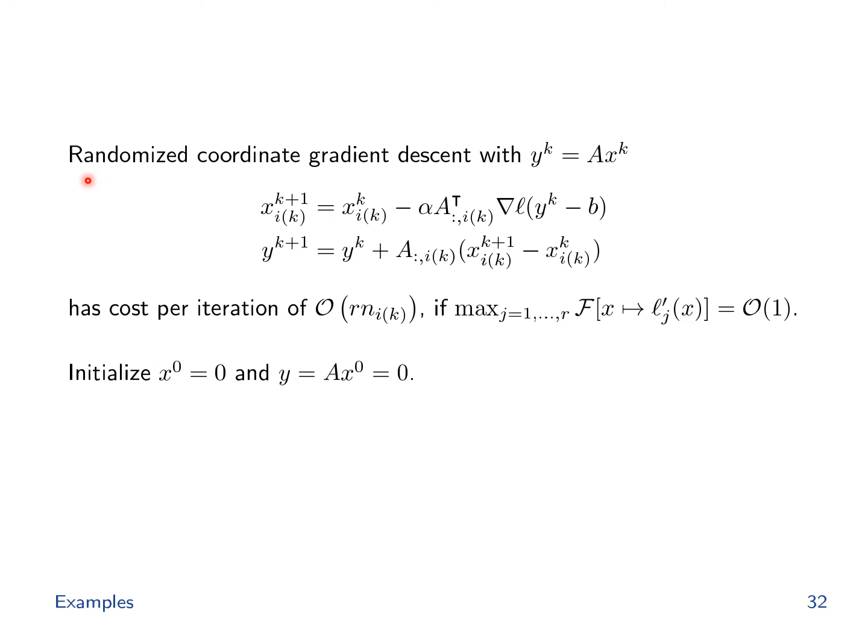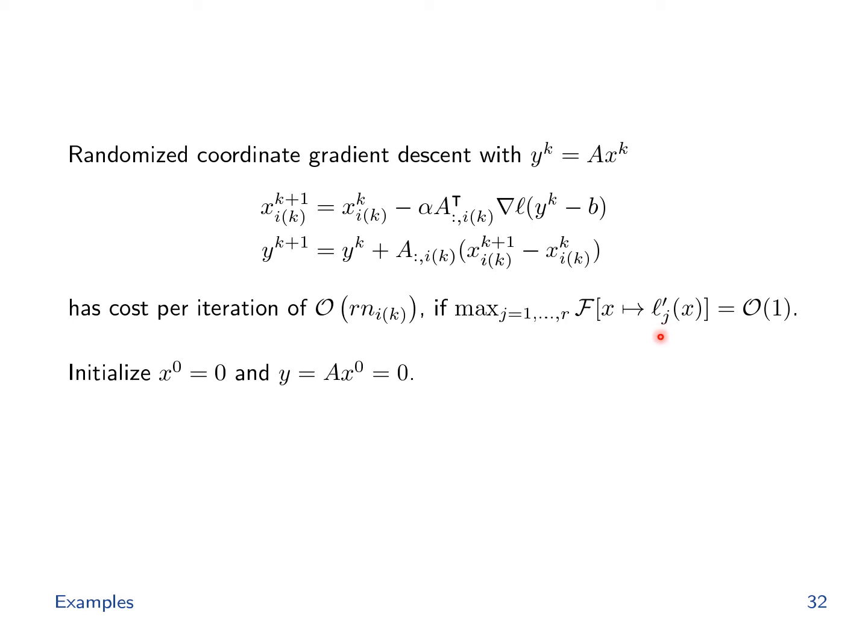RCFPI gives rise to this randomized coordinate gradient descent method, where we maintain y as Ax in memory. To update the i_k-th block of x, we calculate the block coordinate gradient, which equals the transpose of the i_k-th column block of A multiplied by grad L of y_k minus b.